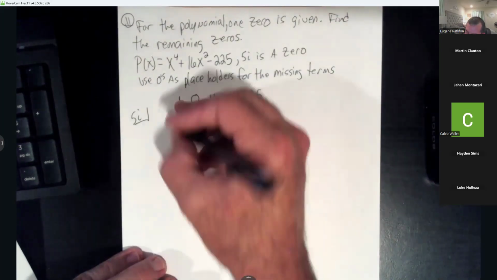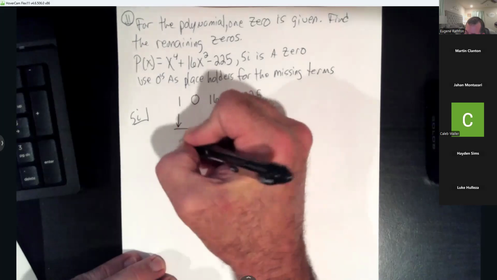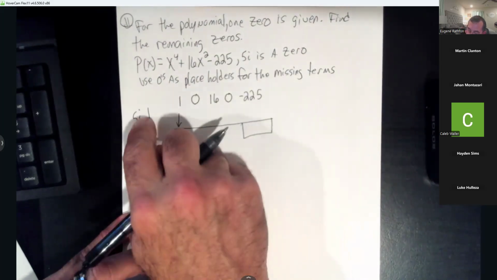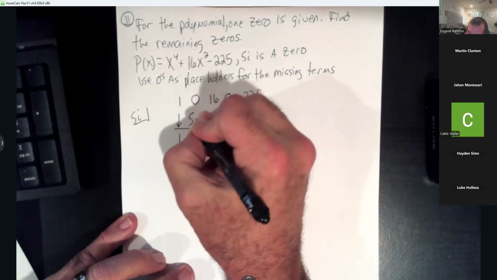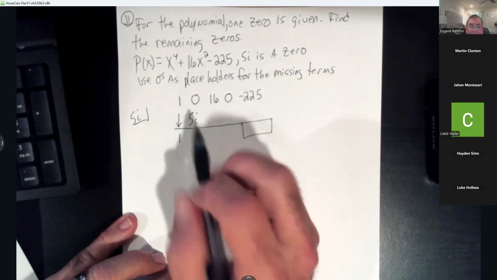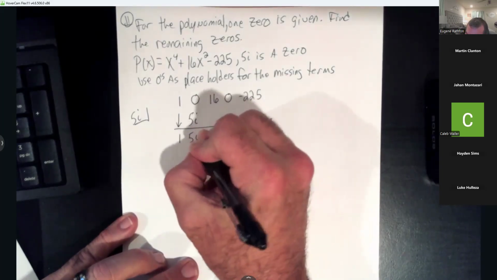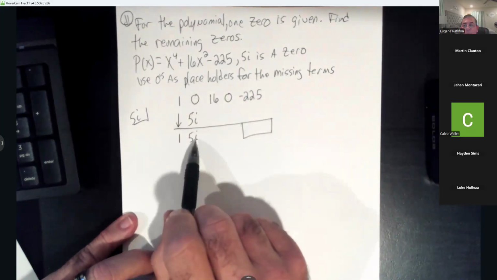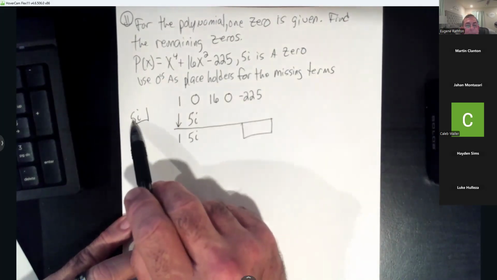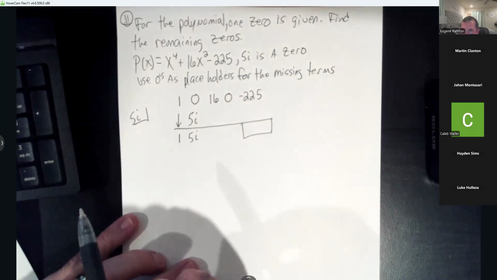Look, also, let's watch this one. Bring that 1 down. 1 times 5I is 5I. 0 plus 5I is 5I. Now here's where the I squared stuff will come in. 5I times 5I.